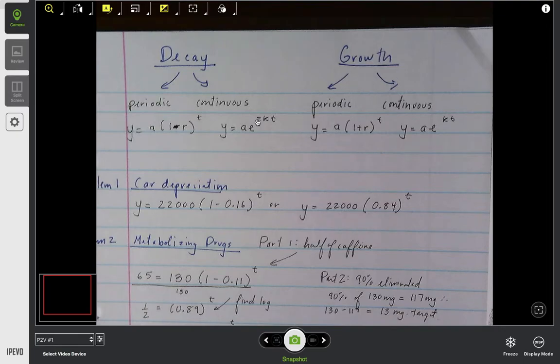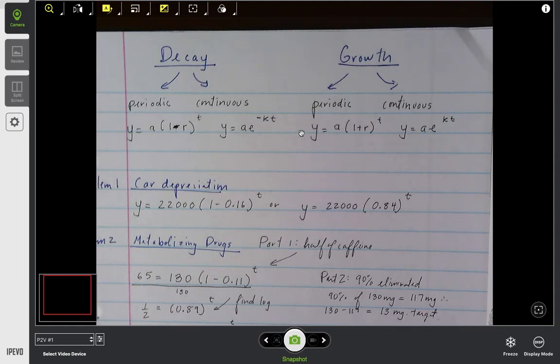K is just some constant describing the rate at which something is either decaying or growing. Here, because k is negative, you're essentially taking the inverse of e, which is a fraction less than 1, so that's going to cause decay. Here, that k value is positive, and so whatever this base is, it's going to be greater than 1. You're going to have growth.